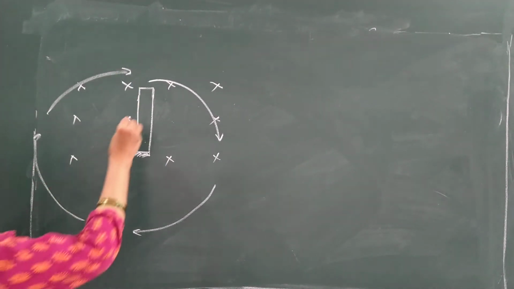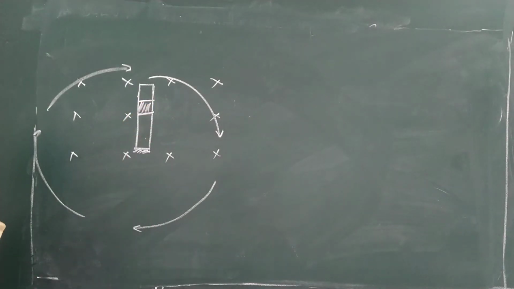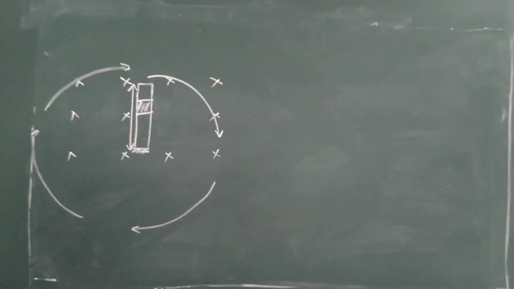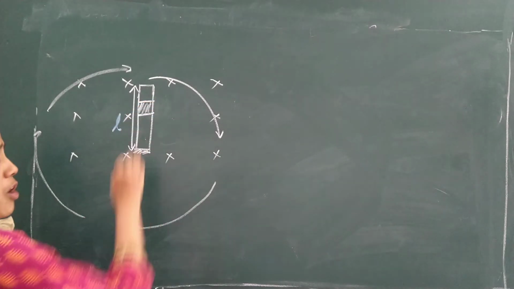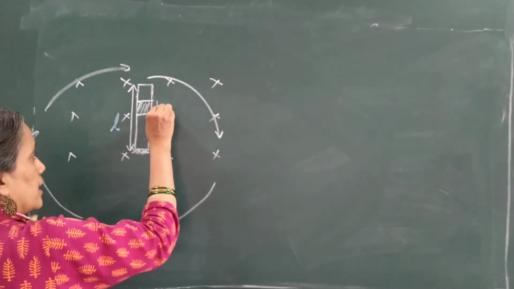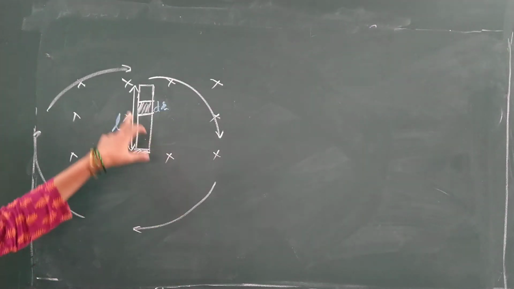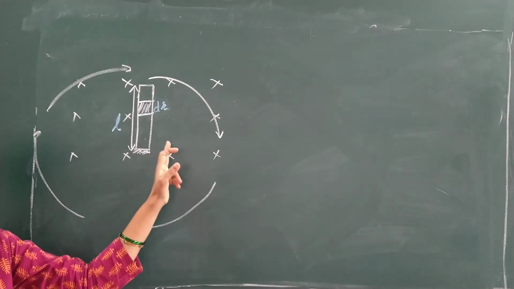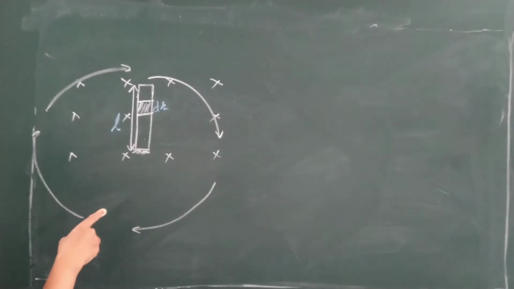Now I will consider a small element from this rod. Let's consider the total length of the rod is L. I have considered this small element whose length is dr. When this rod starts rotating inside this uniform magnetic field, there is a change in magnetic flux, and due to that change in magnetic flux, there will be a production of EMF.